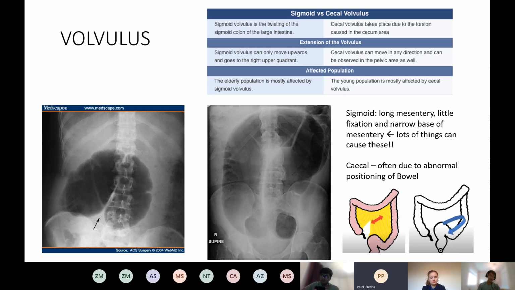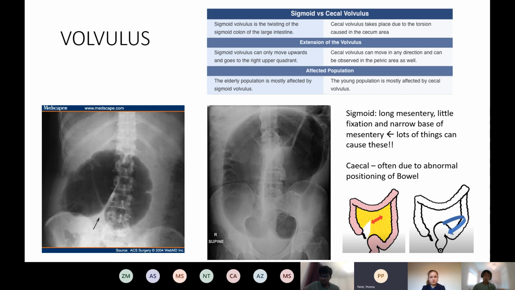Now, going back to first year anatomy, if you twist around your cecum and that gets blocked, you get small bowel obstruction. If you twist around your sigmoid and that gets blocked, you get large bowel obstruction. Is that clear, firstly? I'm going to assume that is.